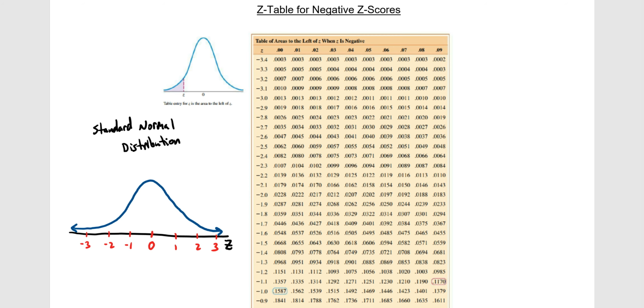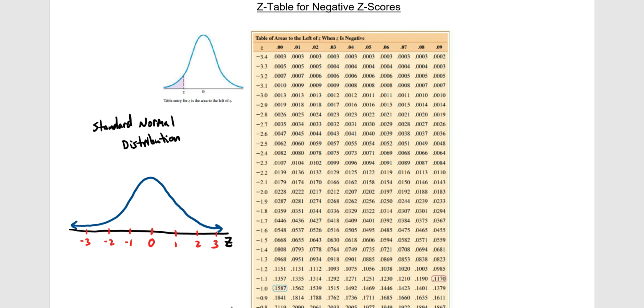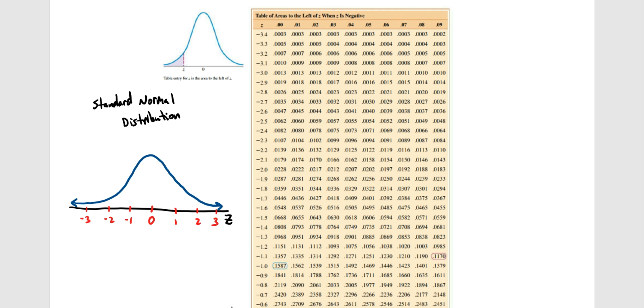So let's get into what is actually represented here on this z-table. On the outside, our z-scores are going to be right here and right here. On the left part, we have the z-score to the nearest 10th.